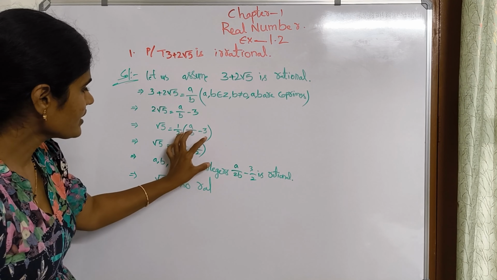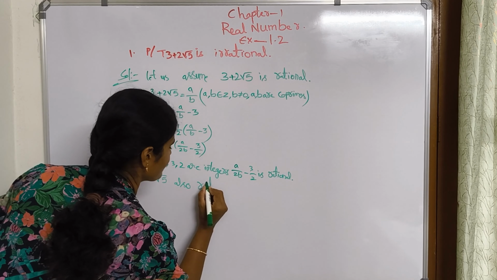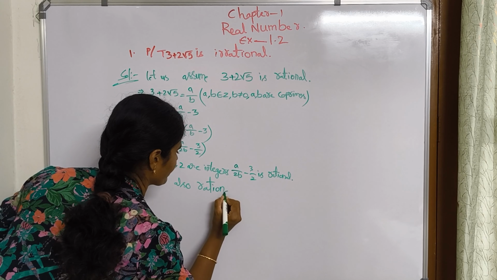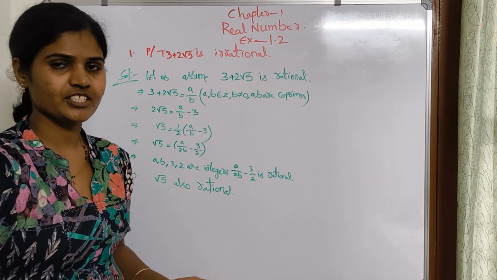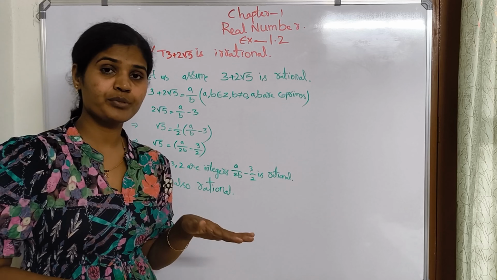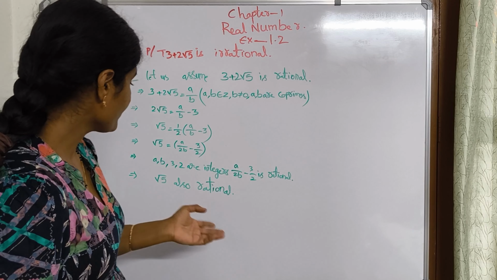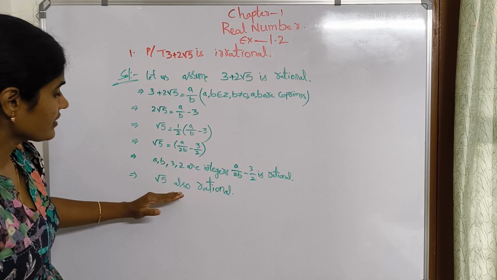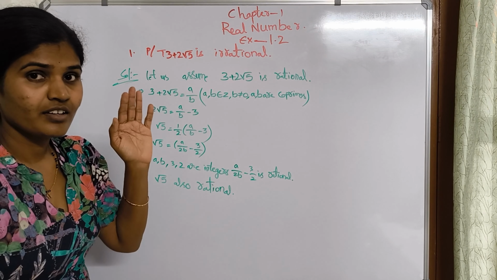This is a rational number, so root 5 is also rational. Root 5 came out as a rational number. But we already proved root 5 is irrational. So our assumption that 3 plus 2 root 5 is rational is wrong.